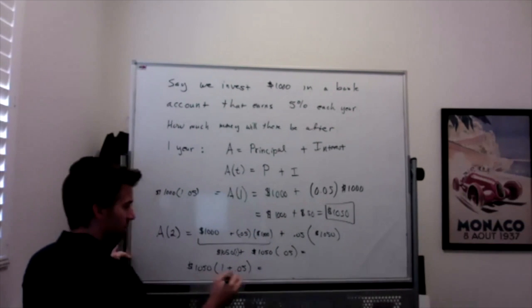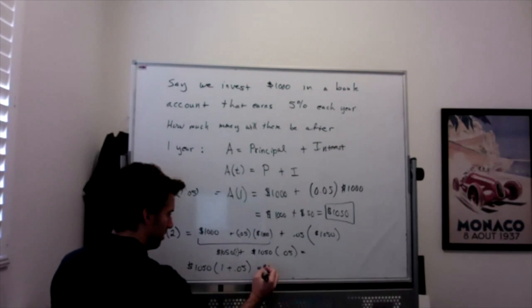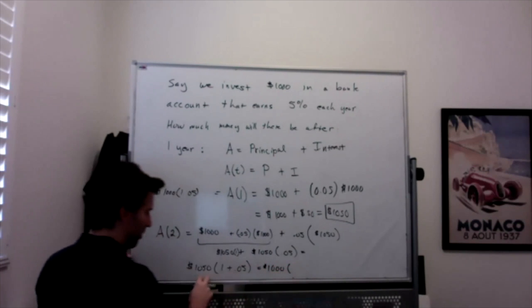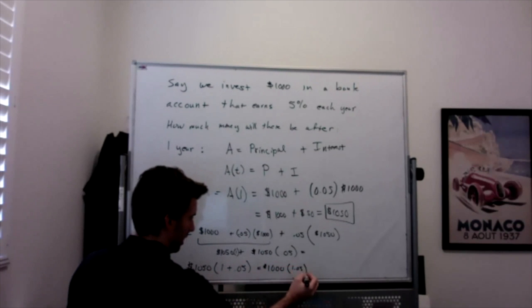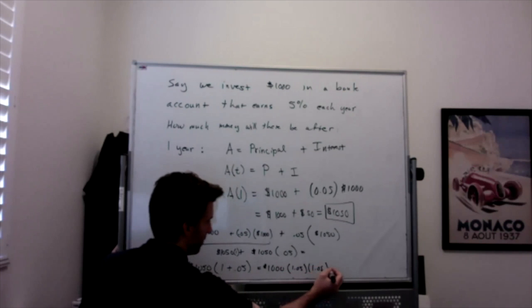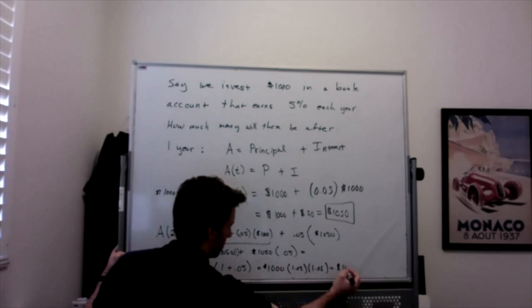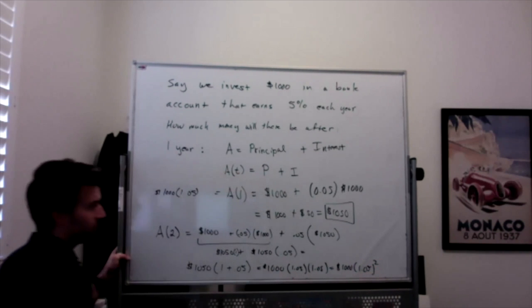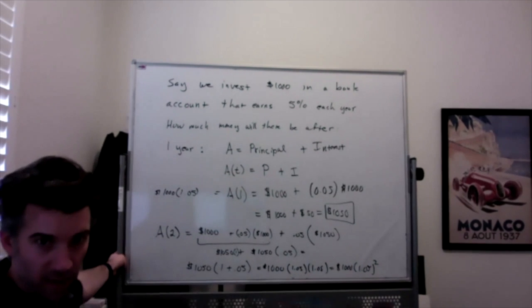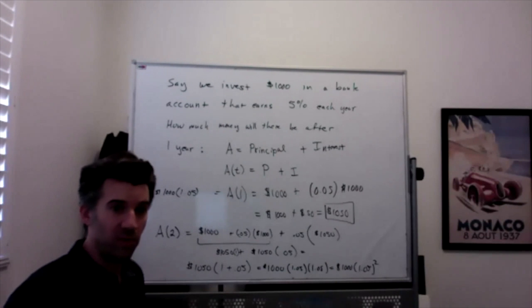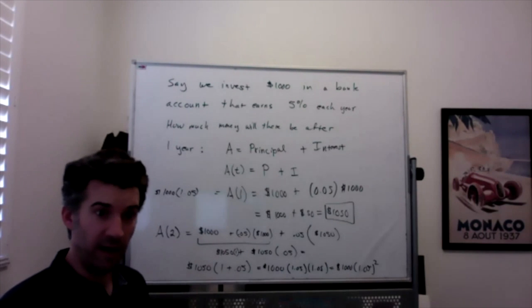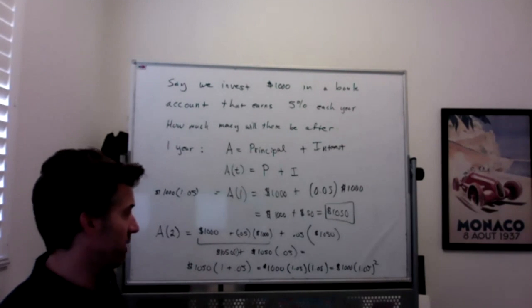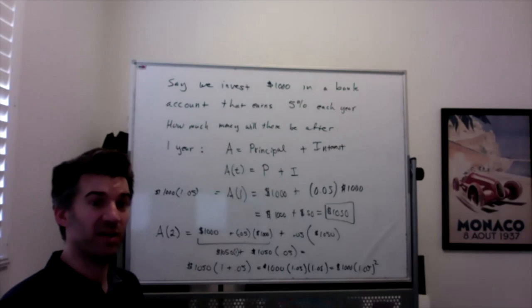So this is really 1,000 times 1.05 times another 1.05, which is 1,000 times 1.05 squared. So interestingly, after 1 year, we have $1,000 times 1.05. After 2 years, we have $1,000 times 1.05 squared.